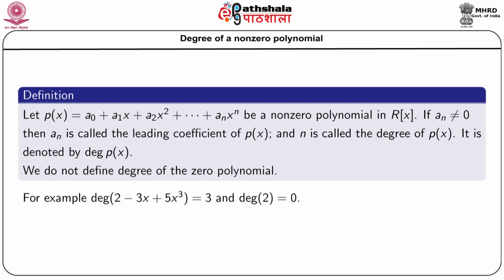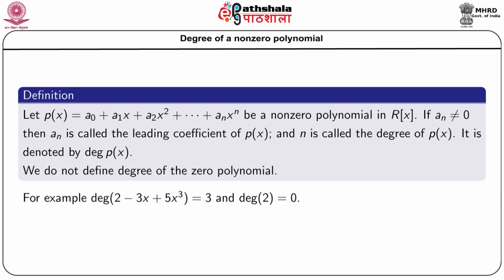For an example of the degree of polynomials, the degree of this polynomial is 3. Note that the largest integer n such that a_n is non-zero is 3, and here the leading coefficient is 5.